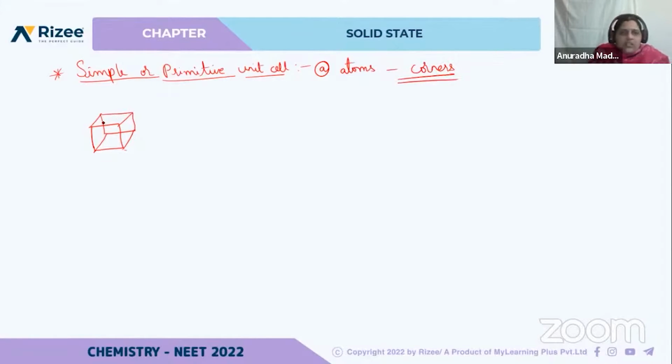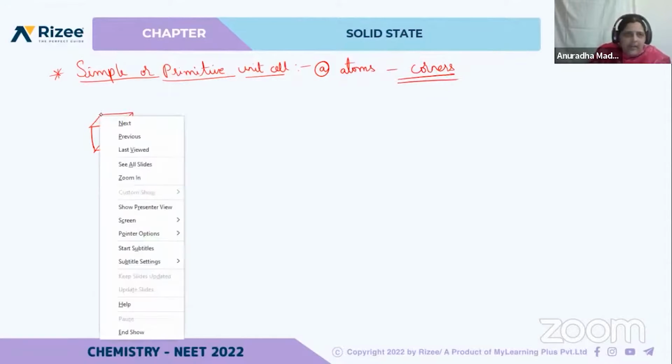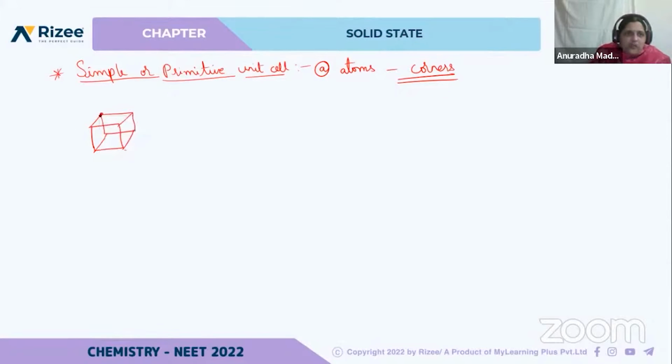How many corners are there for a cube? 8 corners, obviously. 1, 2, 3, 4, 5, 6, 7, and 8. So atoms are present at the corners.